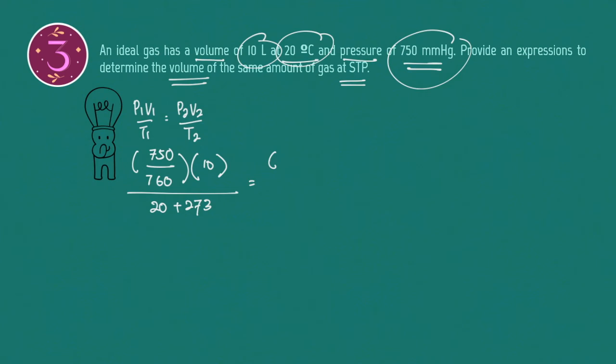The final pressure is at STP, so the pressure shall be 1 atm, and the volume is the one that you want to calculate, and the temperature at STP is 273.